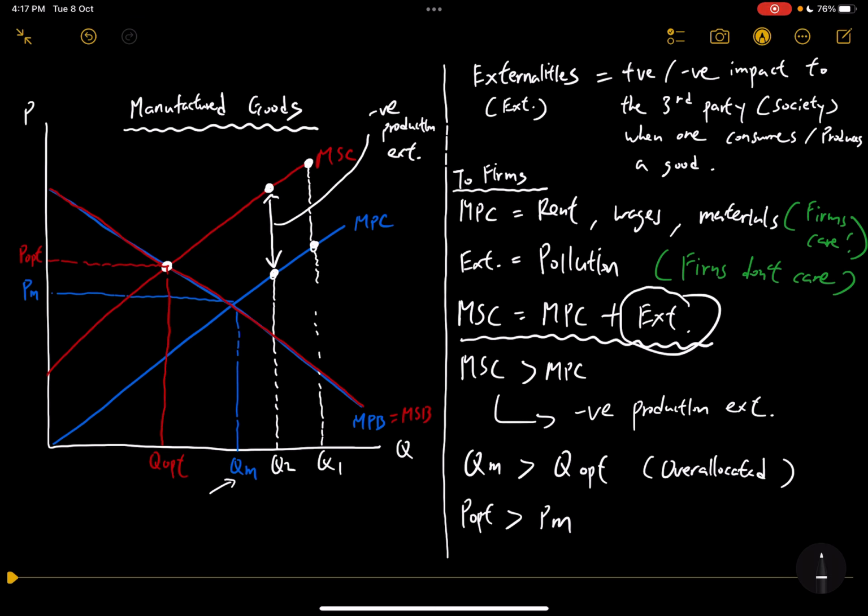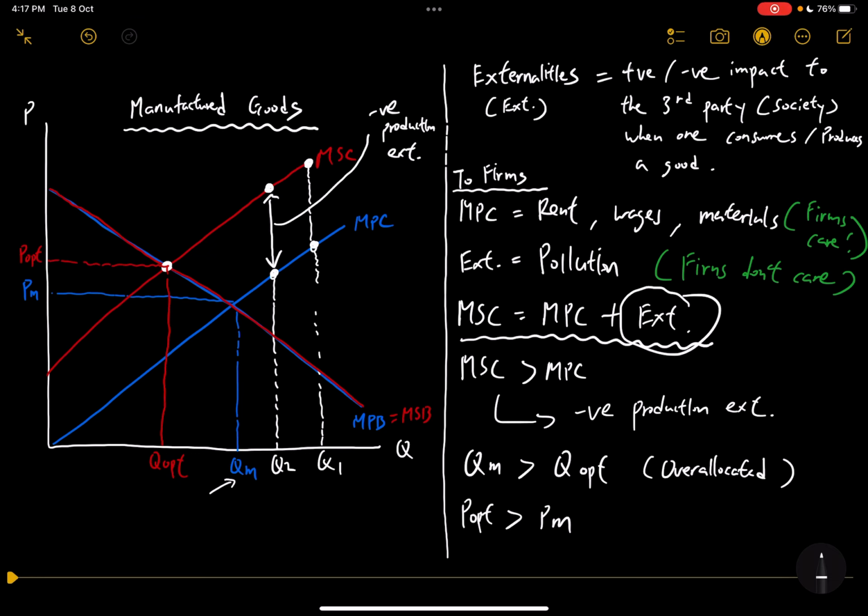So it's basically saying that things are getting too cheap. Well, of course it's going to be cheap. Think about this: if the firms only concern themselves with the private cost, they wouldn't care about the social cost, and that's why they're able to make their goods at a lower price.